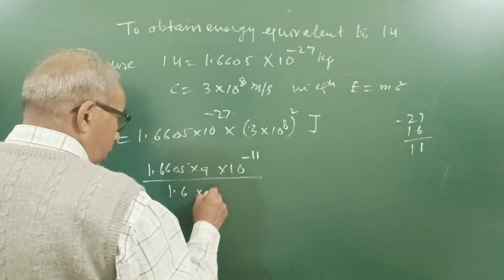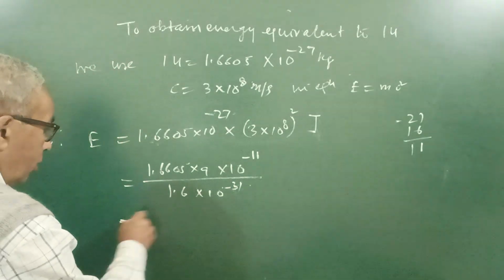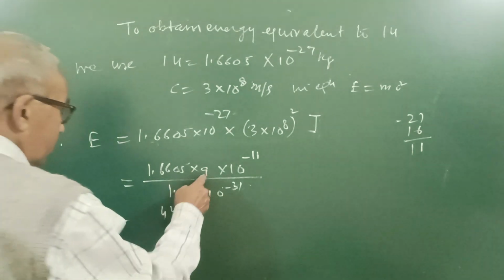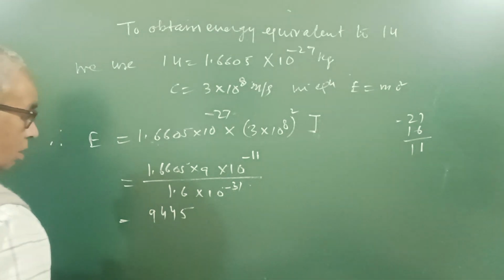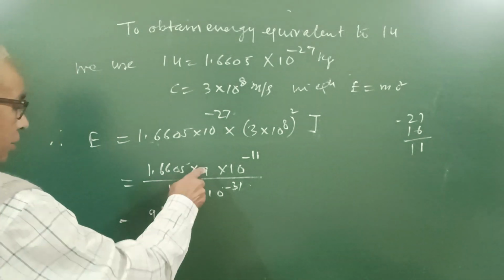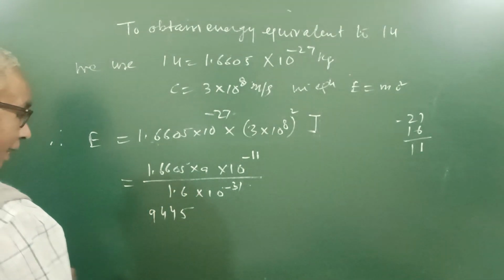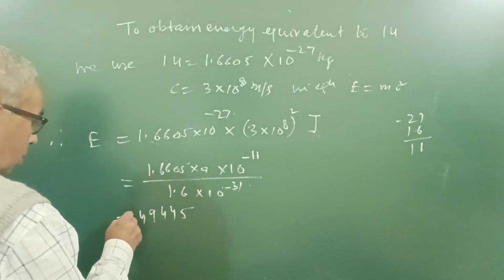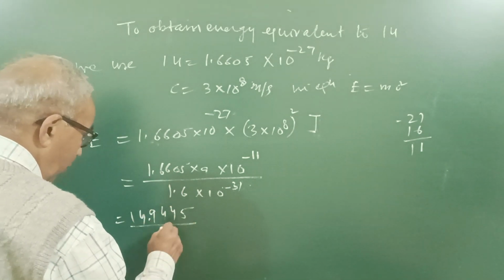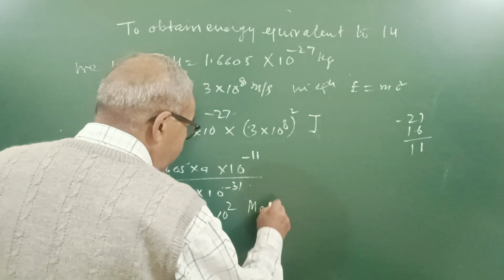Divide by 1.6 × 10⁻¹³. So if you multiply 9 into 1.6605, 9 6 are 54, 9 5 are 45, you get 14.94.